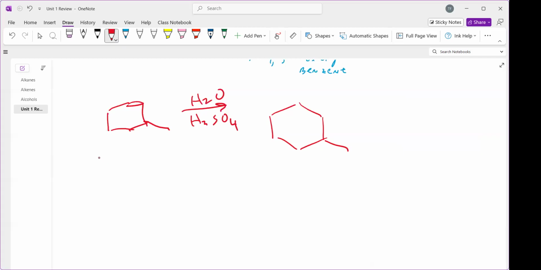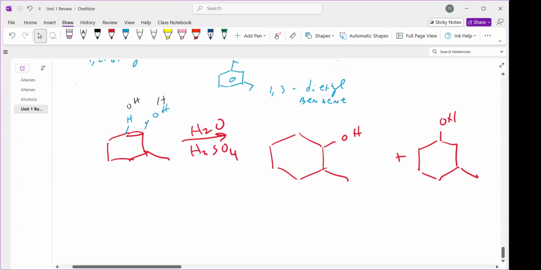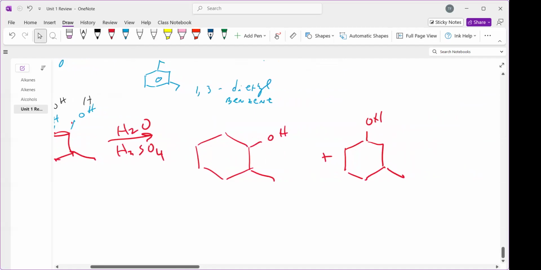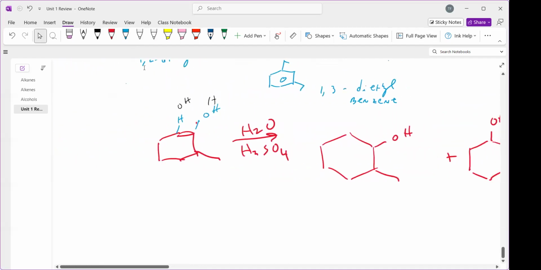So there's an OH on either side of that double bond. Okay, that's the mixture. Then we quickly oxidize it again.